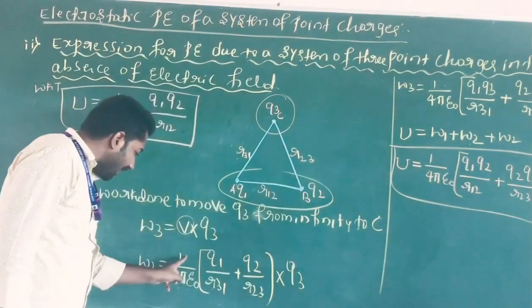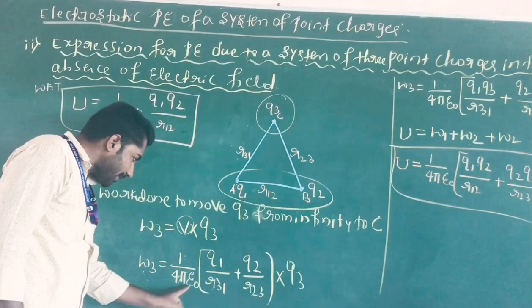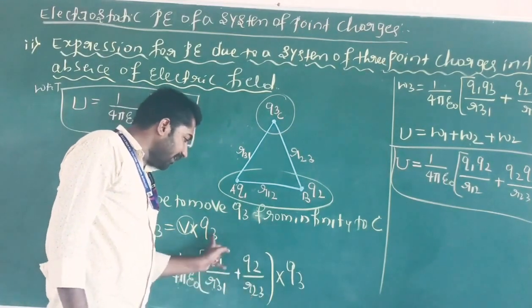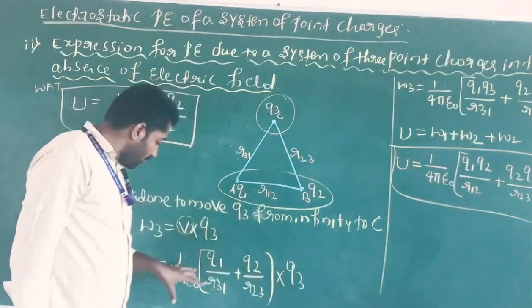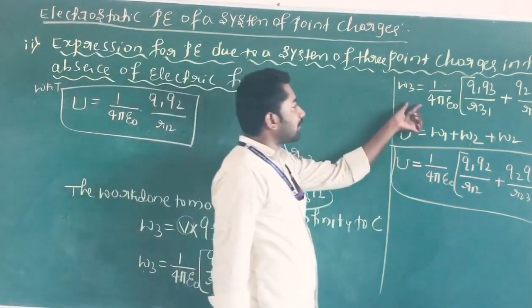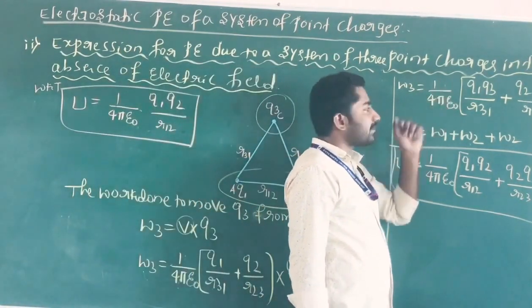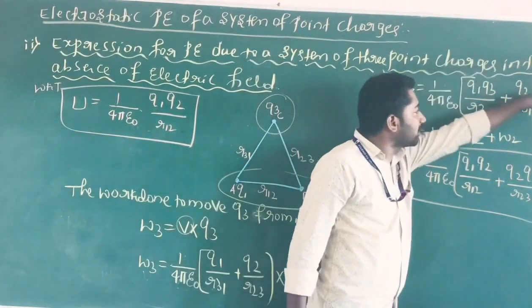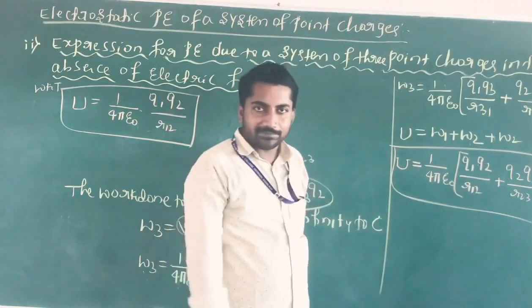Here the electric potential formula is 1 by 4 pi epsilon naught, Q1 divided by R31 plus Q2 divided by R23, into Q3. Using this equation, we get W3 is equal to 1 divided by 4 pi epsilon naught, Q1 into Q3 divided by R31 plus Q2 into Q3 divided by R23.